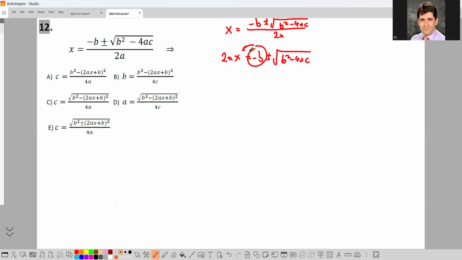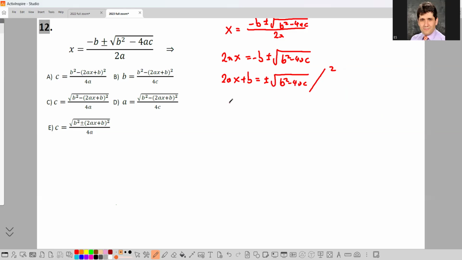Get this b on the other side, even though mathematically we just say add b to both sides. 2ax plus b is positive or negative the root of b squared minus 4ac.